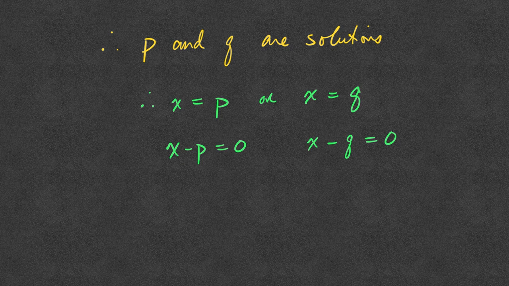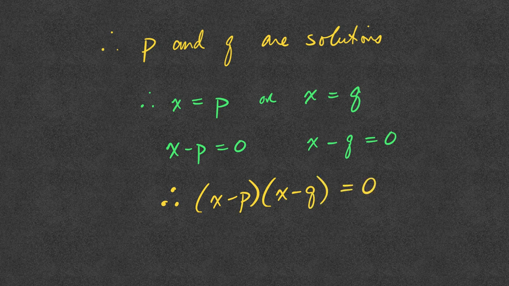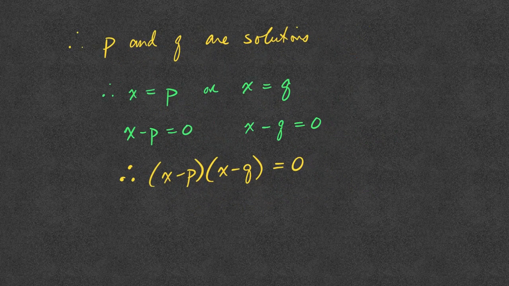If that's the case, then I know that x minus p times x minus q has to give me 0, as my product, the multiplication, has to give me 0. And if you take a look at that solution, I'm just going to shrink it down for a second, and if you went backwards, you'd notice if we had the product equal to 0, then either one of those factors could equal 0, and therefore we could solve.